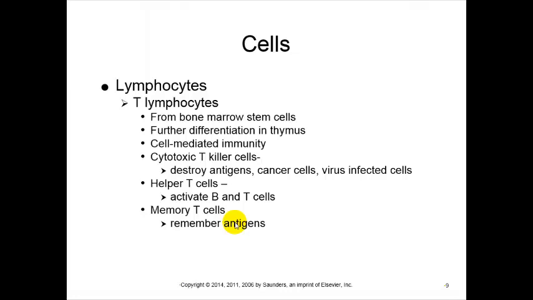T cells primarily do what's called cell-mediated immunity. Why do we call it cell-mediated immunity? Because the T cells are going to mediate that immune response. They are directly involved in going out and destroying the antigens.